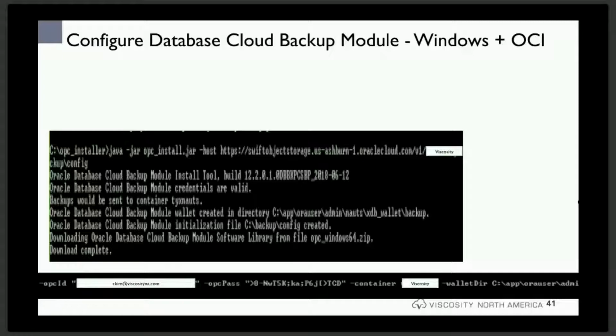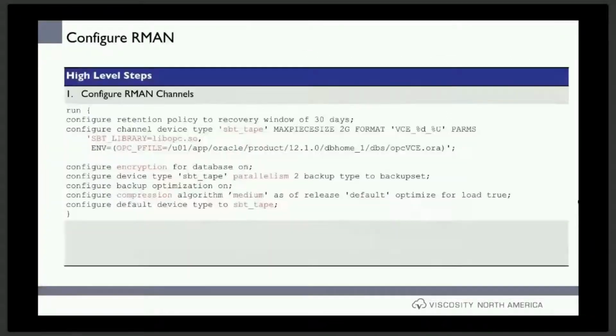Another thing to look out for is that as you pass the wallet directory, it becomes C:, in this case, app or user admin backup config, and there's no backslash at the very end either. Once I do the actual Java install, everything else is the same, whether you're on Classic or whether you're on OCI.